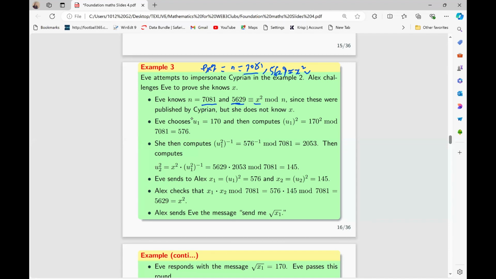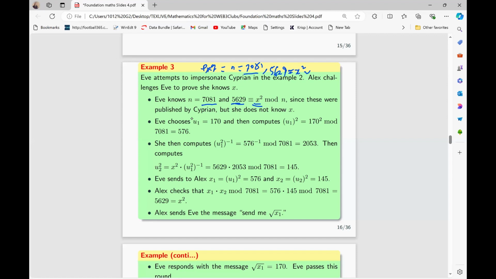So Eve needs to send Alex 2 numbers, and when Alex gets those 2 numbers and takes their product, it should give him x squared. That is the same thing Cyprian did: he chose 2 numbers randomly, and when Alex multiplied them, they gave him x squared. That is what Eve knows is supposed to happen.